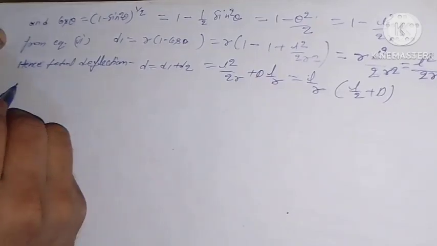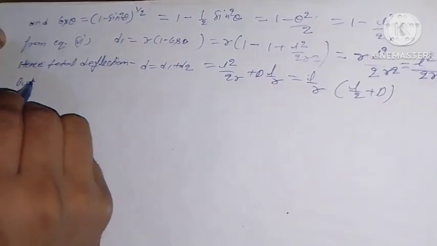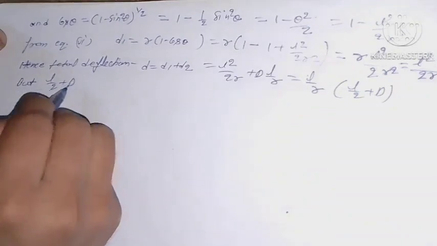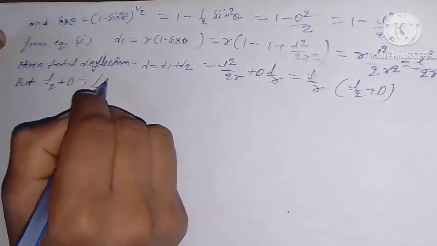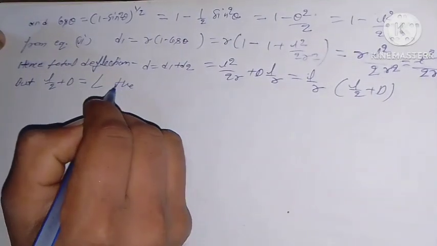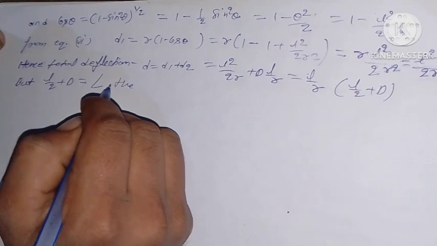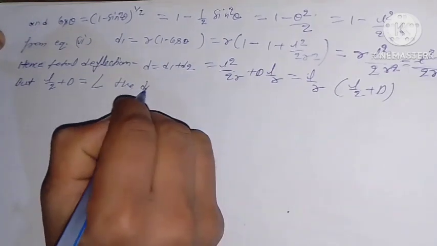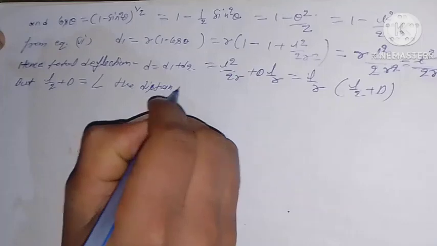But L by 2 plus D equals capital L, the distance of the screen from the midpoint of the field.